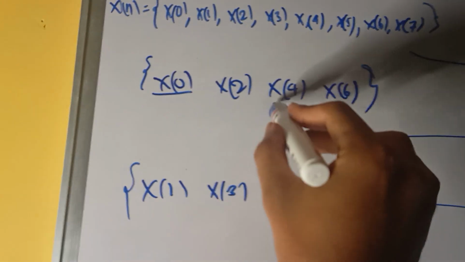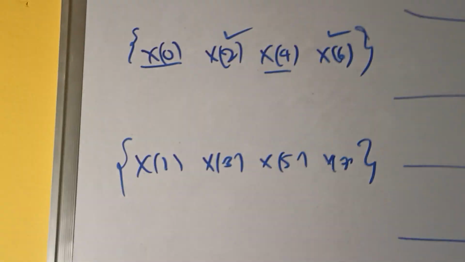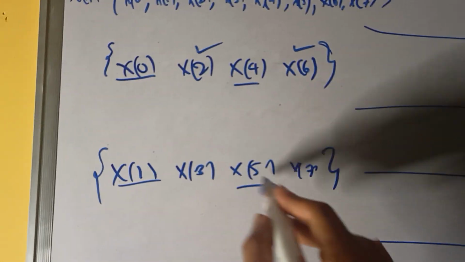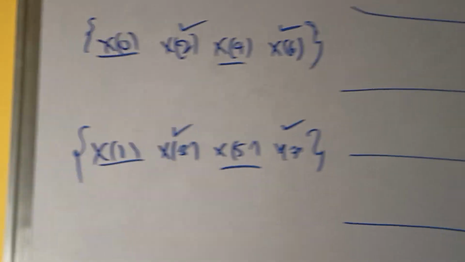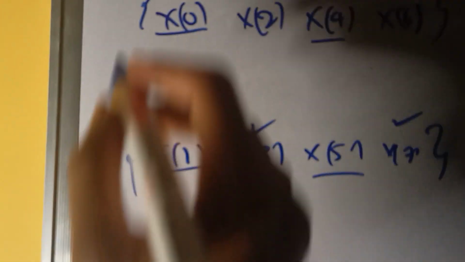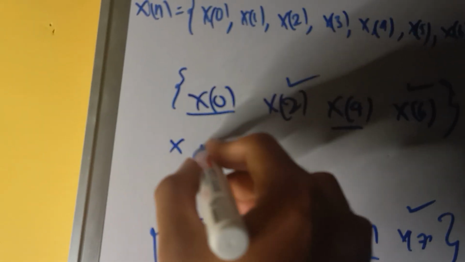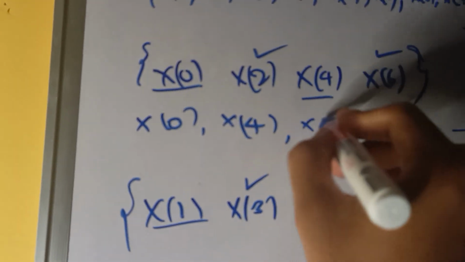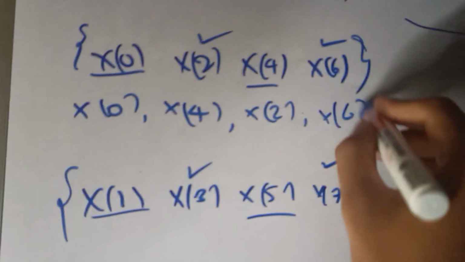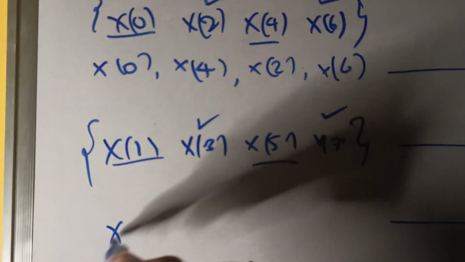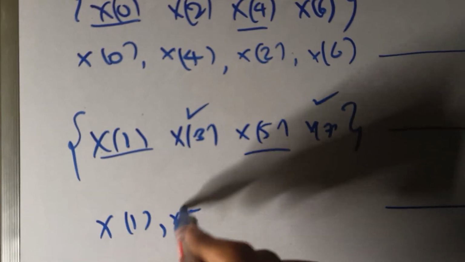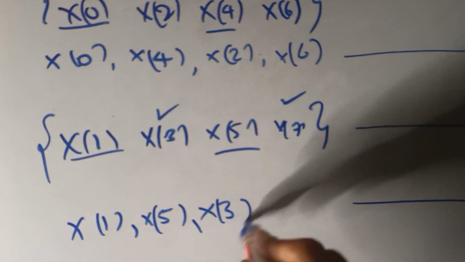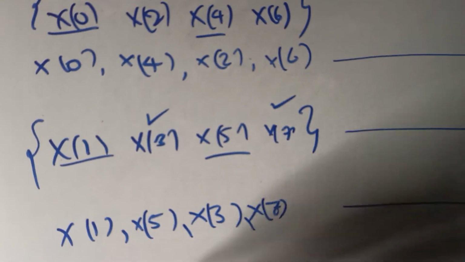These are even indexed and these are odd indexed. Similarly, these are even indexed and these are odd indexed. So write all the even indexed from each group first: x of 0, x of 4, x of 2, x of 6. Similarly here, x of 1, x of 5, x of 3, x of 7.